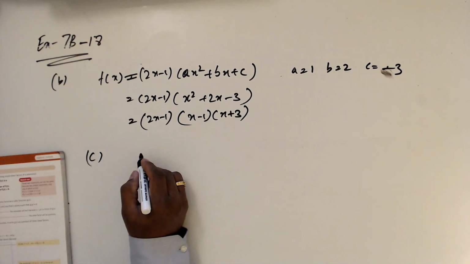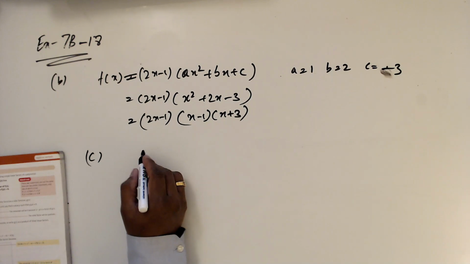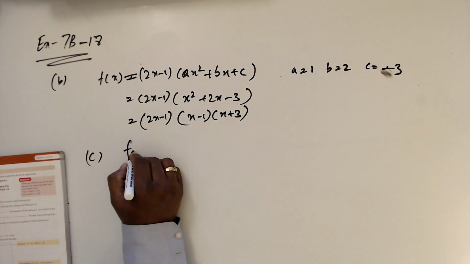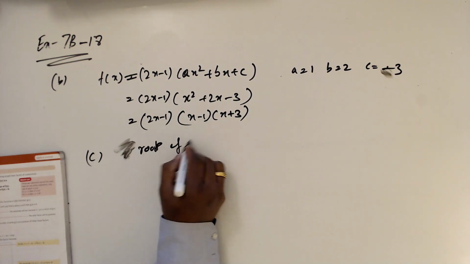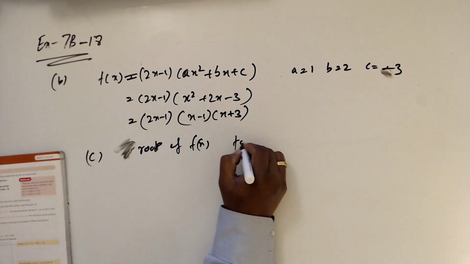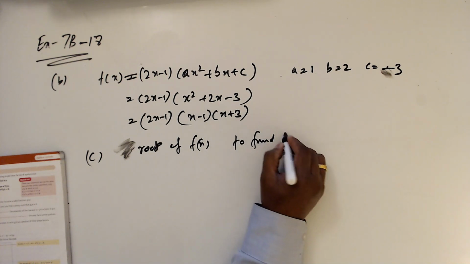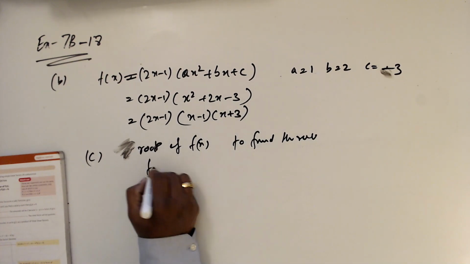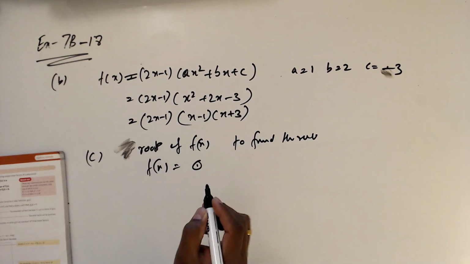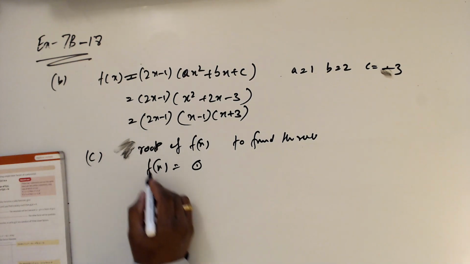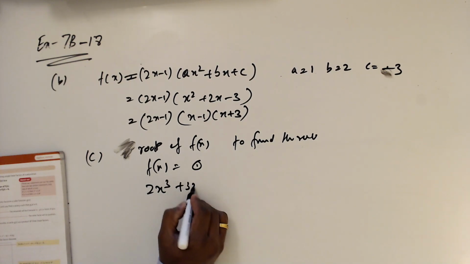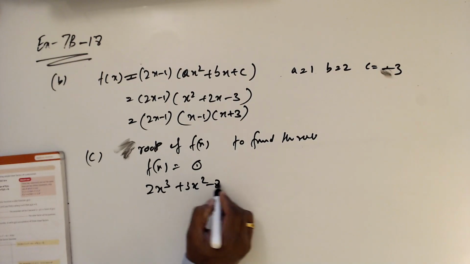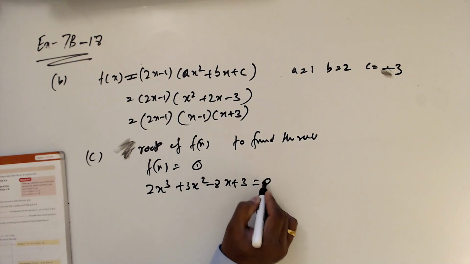Now we want to find the roots of fx. To find the root, we want to make fx equal 0. Fx equal 0 means 2x cube plus 3x square minus 8x plus 3 equals 0.